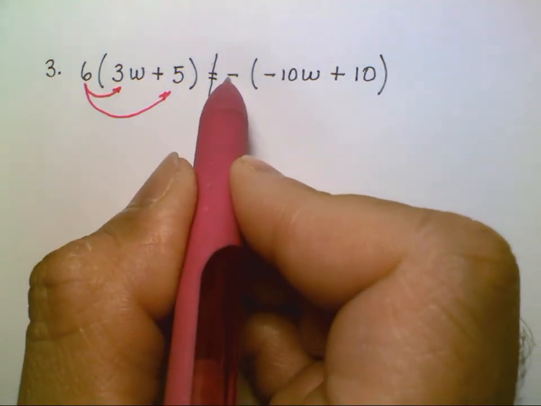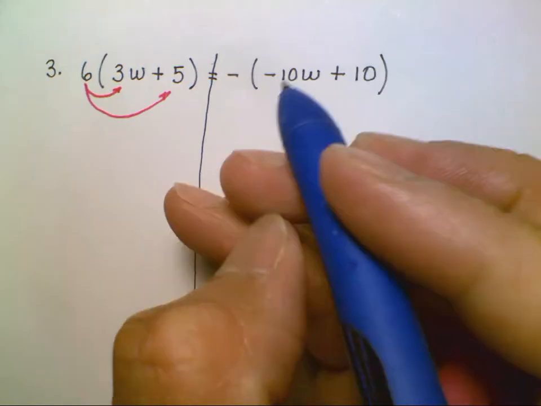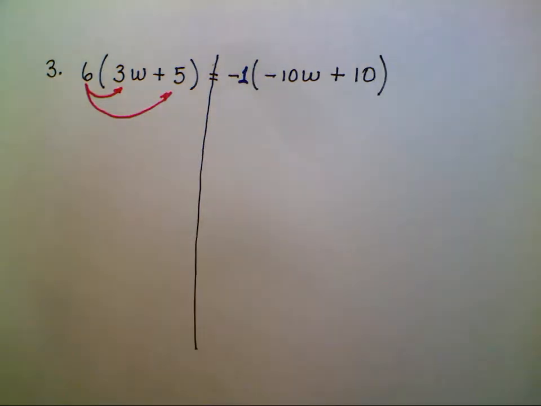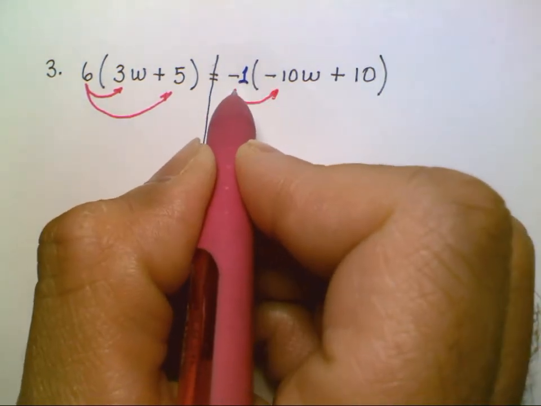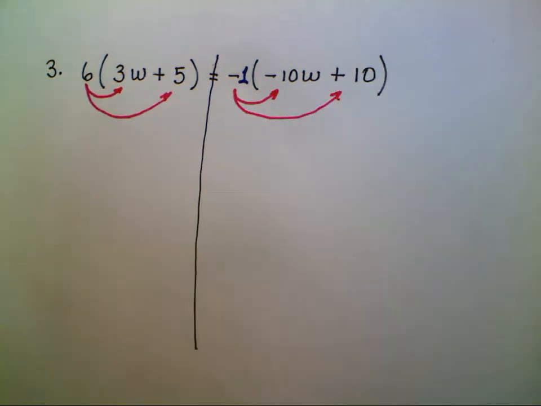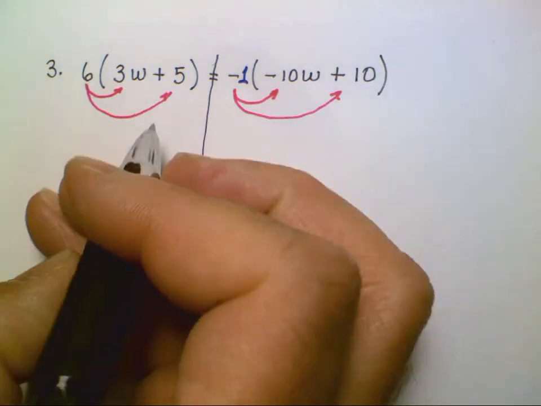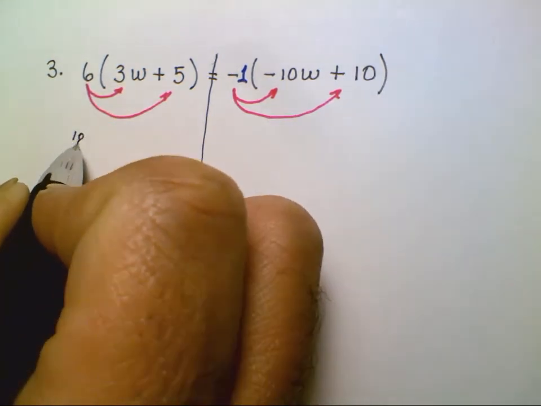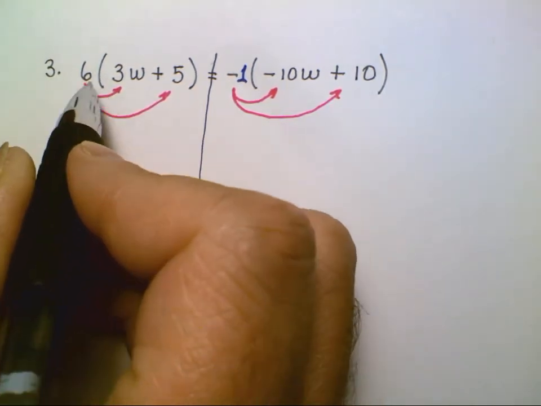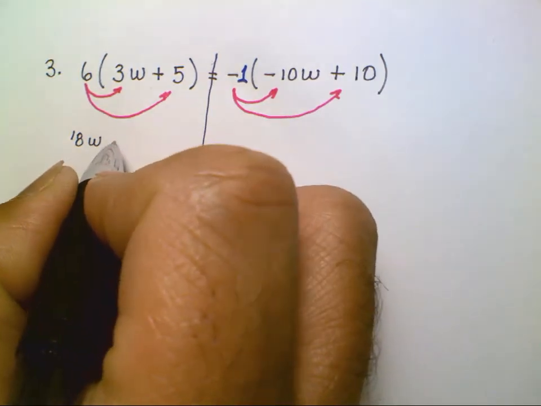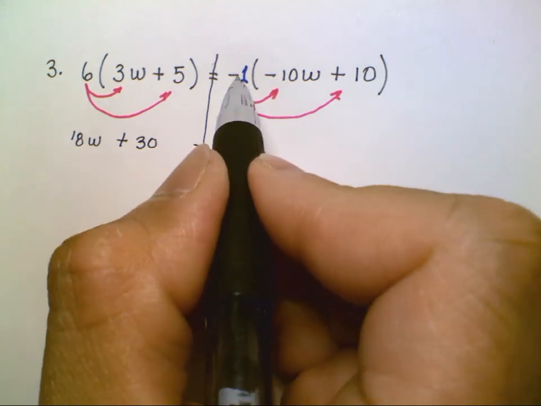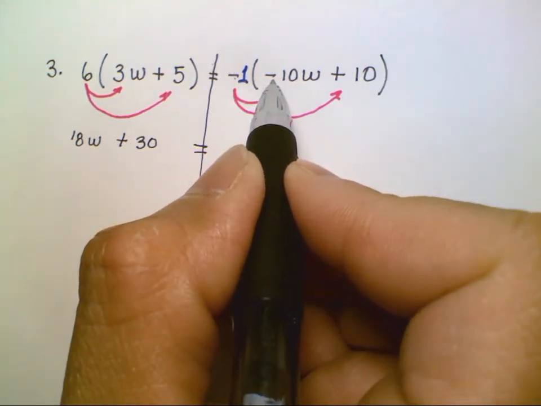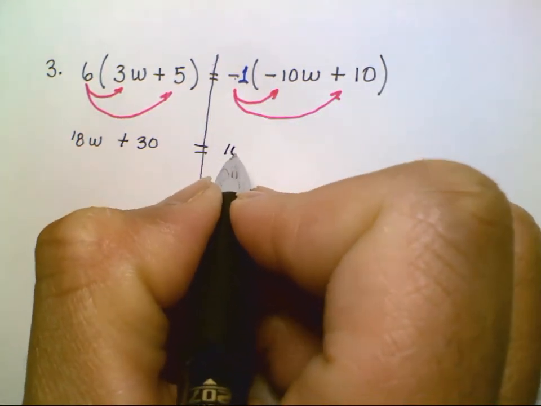Remember, if you have a negative outside the parentheses, you can write 1. Okay, and then you can say negative 1 times negative 10w, negative 1 times positive 10. Let's simplify. So 6 times 3 is 18w. 6 times 5 is 30, plus 30 equals to negative 1 times negative 10w is equal to positive 10w.